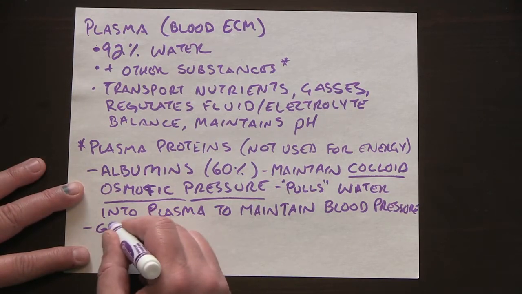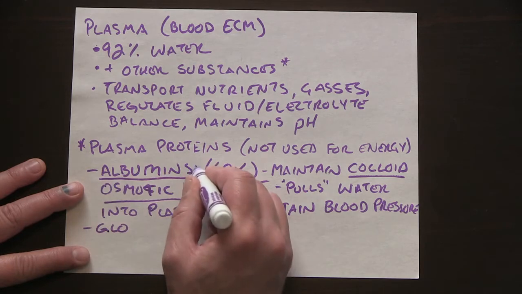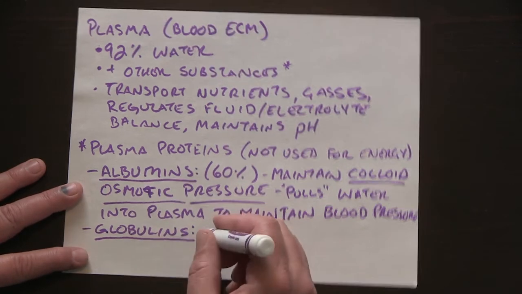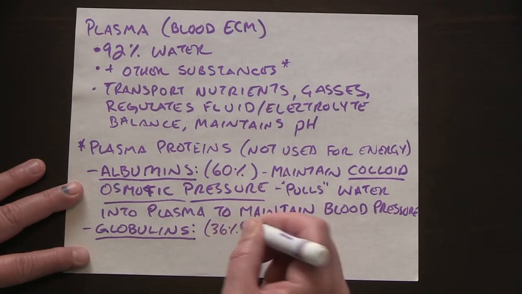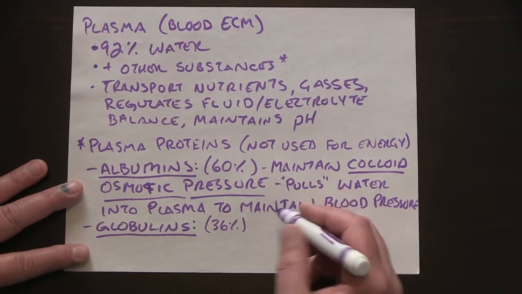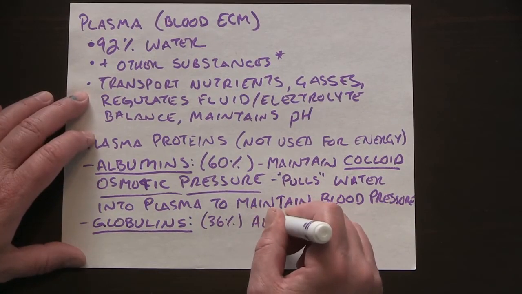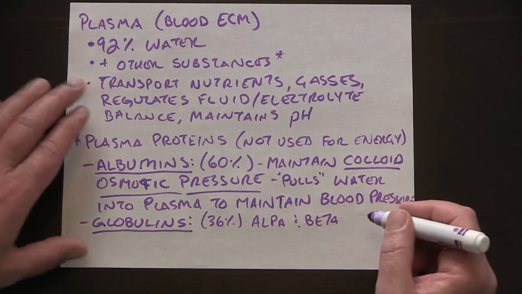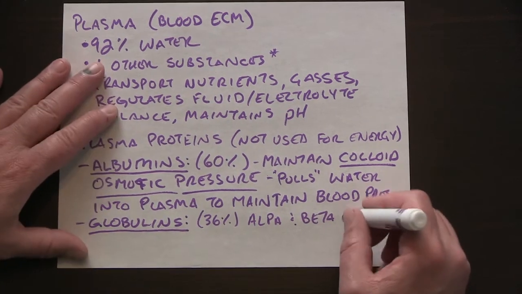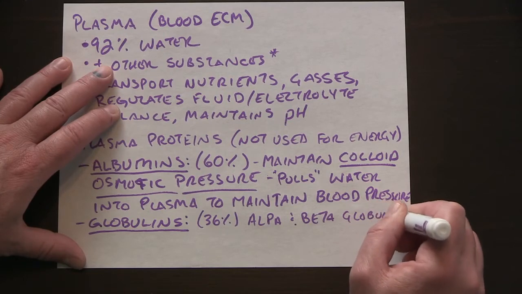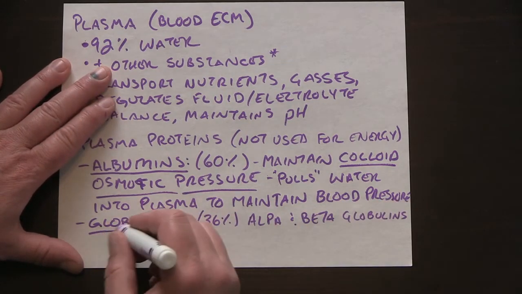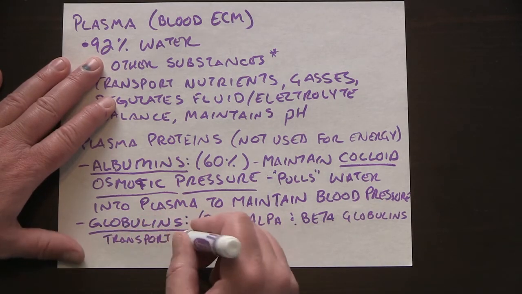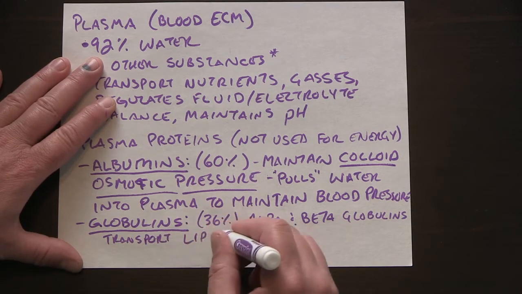And another type are called globulins. So this is albumins. Globulins. This is about 36% of the proteins. And there are alpha and beta globulins, and they transport lipids and vitamins in the plasma.